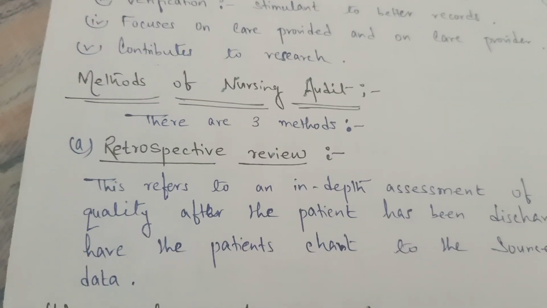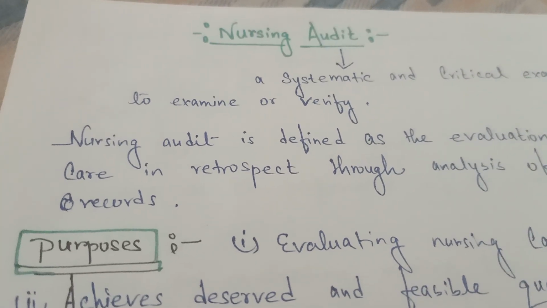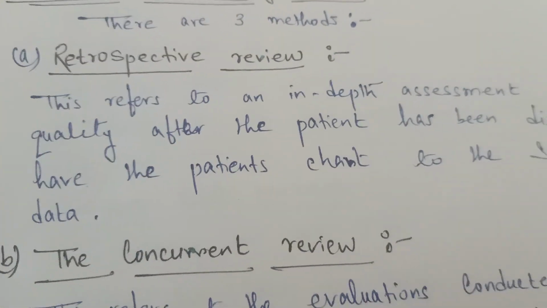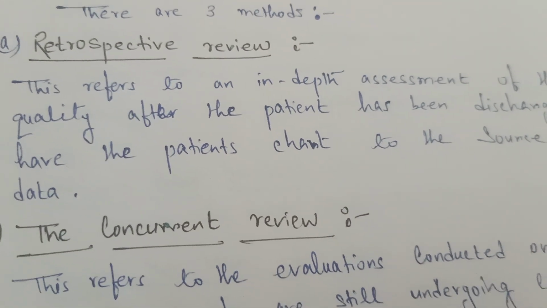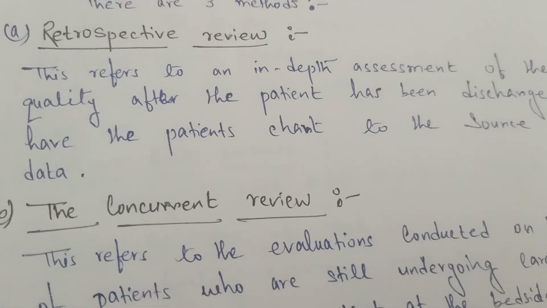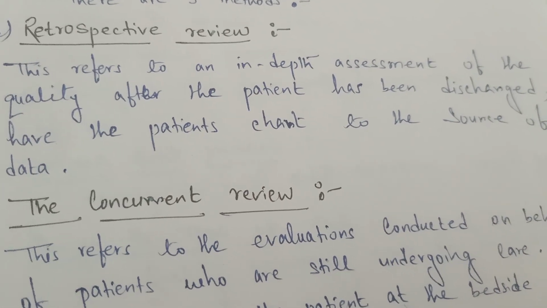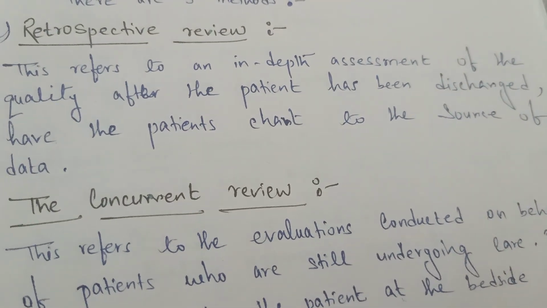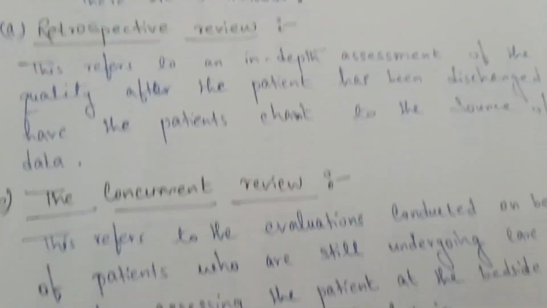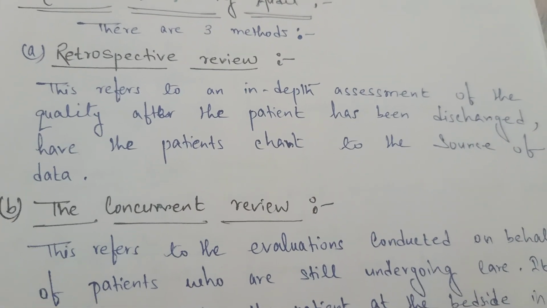And about methods of nursing audit, before also I told you, I'll tell you about retrospect. So here are the methods. Retrospective review refers to an in-depth assessment of the quality after the patient has been discharged. Have the patient chart as the source of data. So after the patient is discharged, this retrospective review is done.